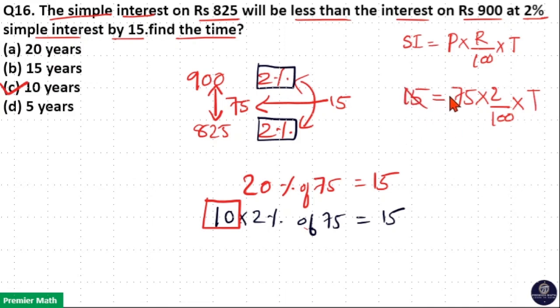Now we can see 15 goes 5 times in 75. 5 into 2 is 10. 10 cancels with this 10 here. Then the number of years T is equal to 10 years. So if you have difficulties finding the percentage here, you can write this in a formula and find the answer. So option C is your answer.